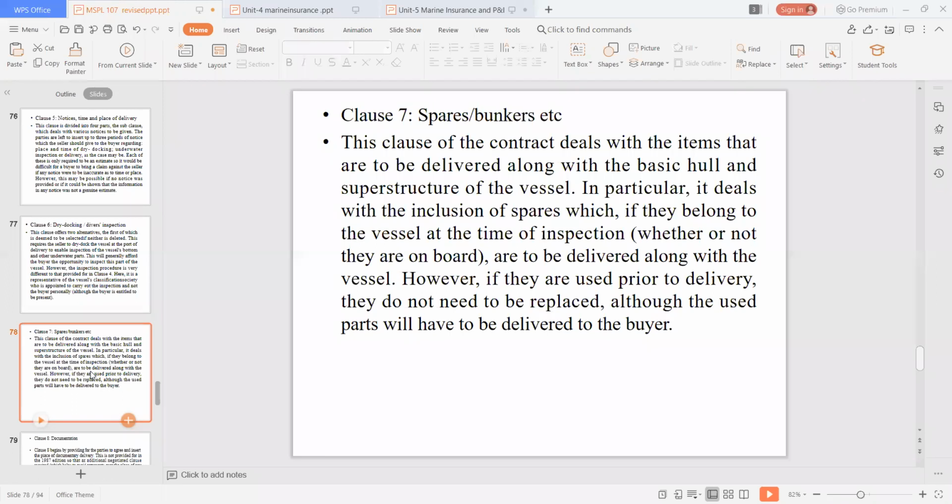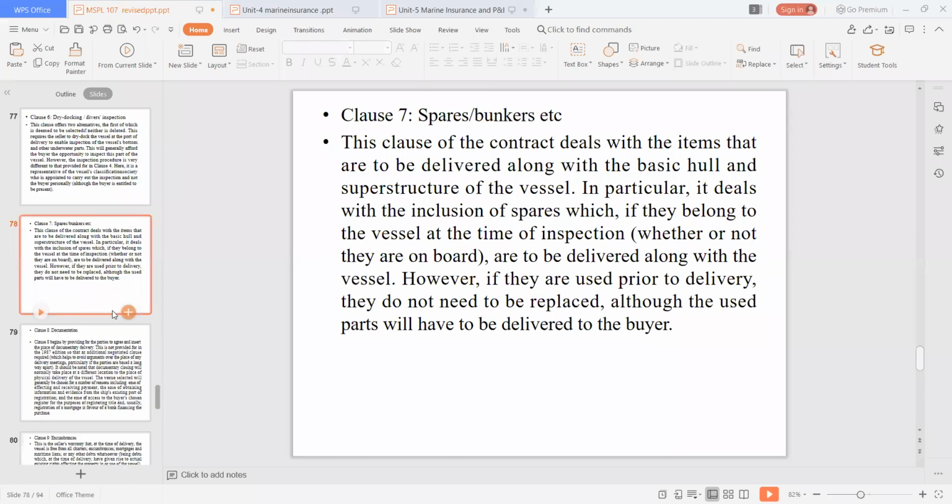However, if they are used prior to delivery, they do not need to be replaced, although the used parts will have to be delivered to the buyer. So, clause 7 focuses on the spares, bunkers, etc. These clauses are very important during the analysis of the sale and purchase of ships, right? So it tells about the clear thing.